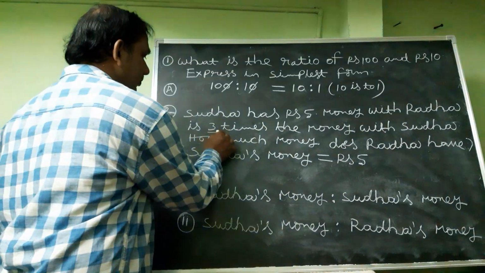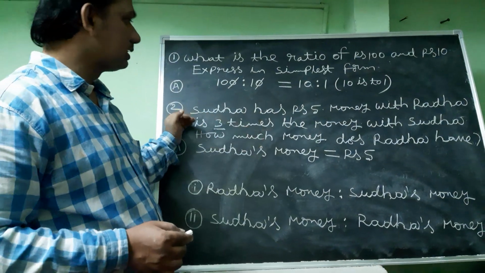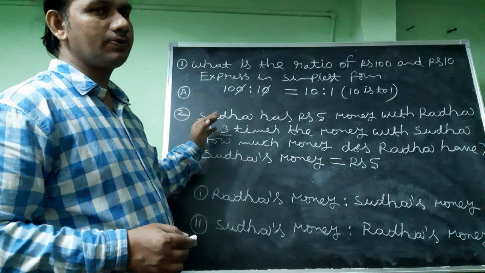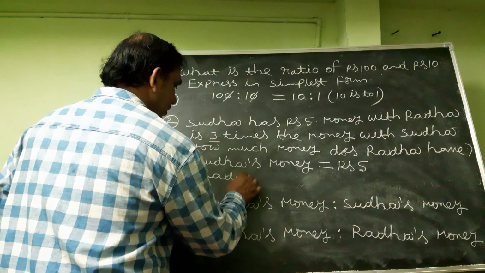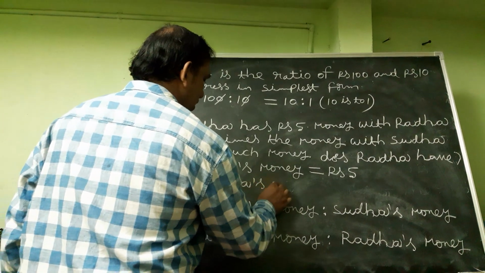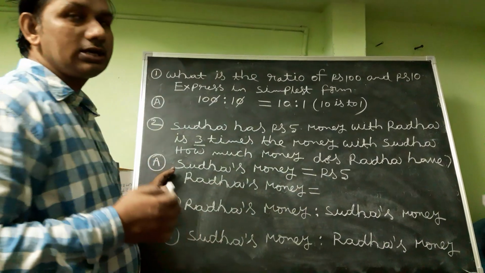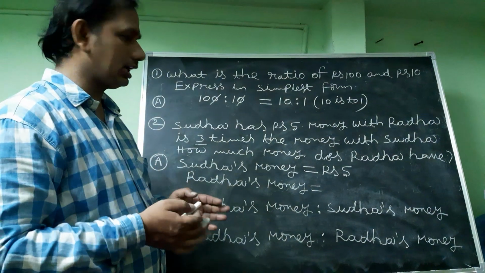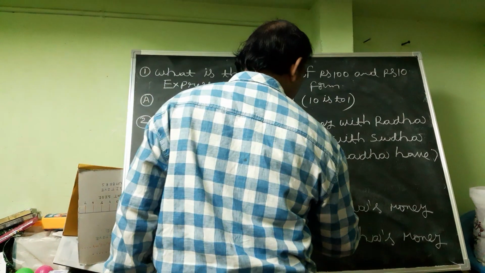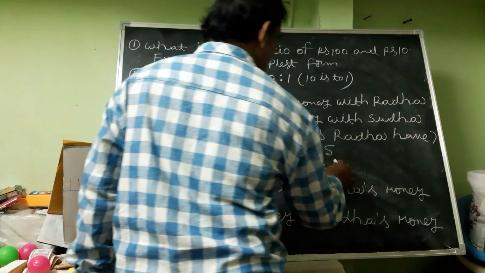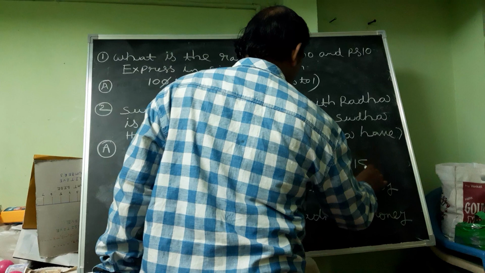How much money is there means 3 times the money of Sudha. So Radha's money equal to 3 times of Sudha. Times means here multiplication. 3 times money of Sudha means 3 into Sudha's money 5 rupees. So 3 into 5 equal to 15 rupees.